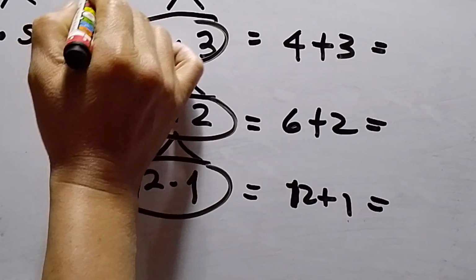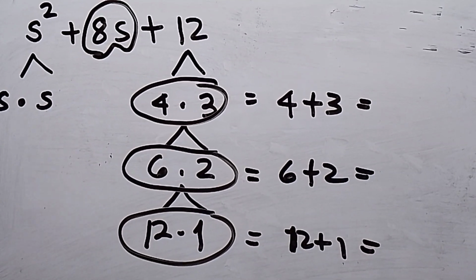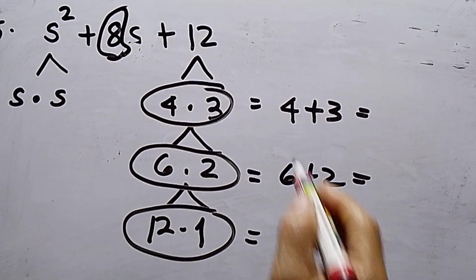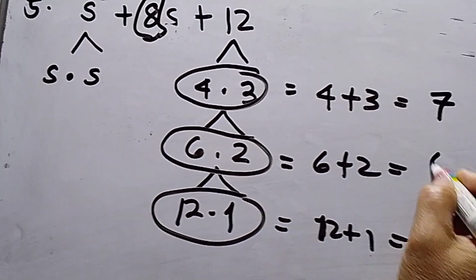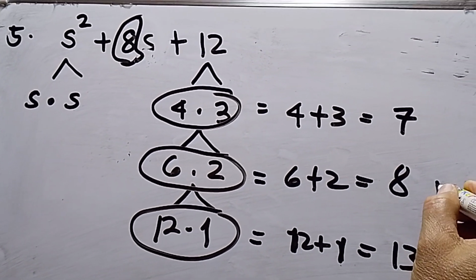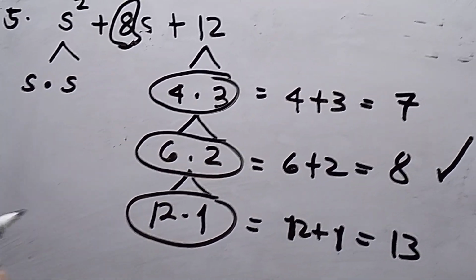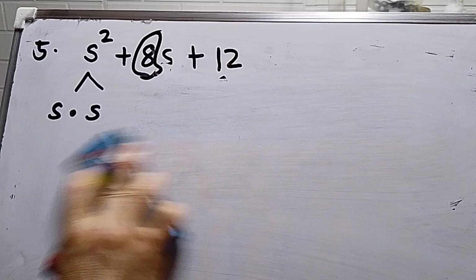So this will serve as our middle term. I mean, this will be the coefficient only, the numerical coefficient. So 4 plus 3 is 7, while 6 plus 2 is 8, and then 12 plus 1 is 13. So I guess this one, because the middle term is 8. So we will use the factors of 6 and 2.